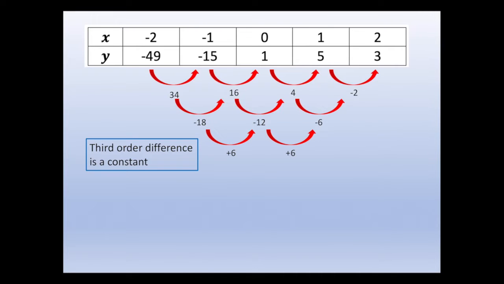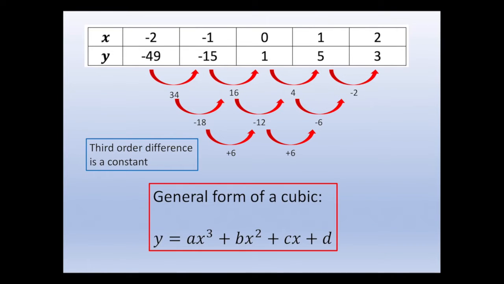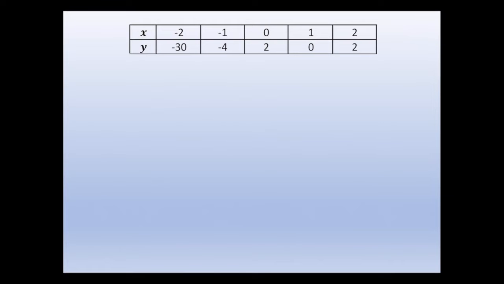As soon as the third order difference is a constant, or you have a third common difference, the function is a cubic function. And we should know the general form of a cubic function is y equals ax cubed plus bx squared plus cx plus d.